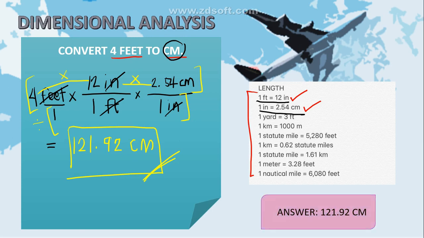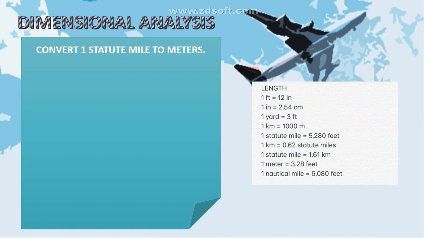Okay, another example, we have convert 1 statute mile to meters. So we're converting 1 statute mile to meters. Looking again at our conversion factors here, we do not have a direct conversion from statute mile to meters. So we can convert statute mile to kilometer and then kilometer to meter.